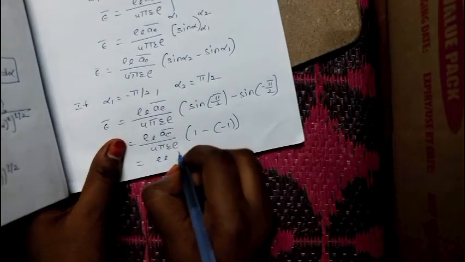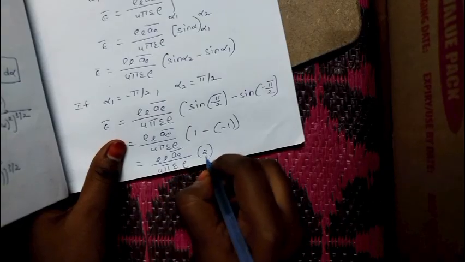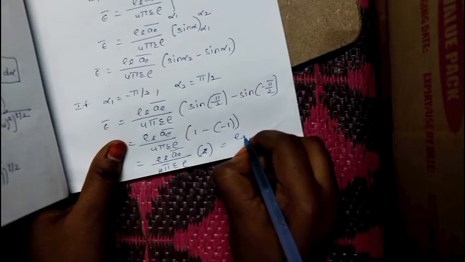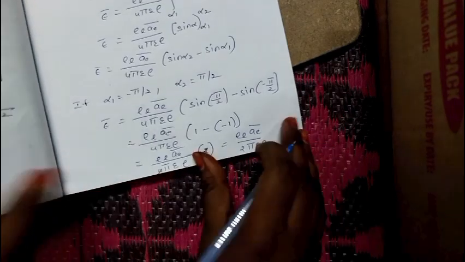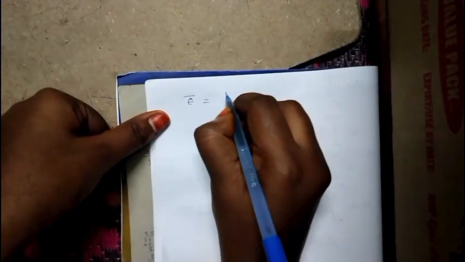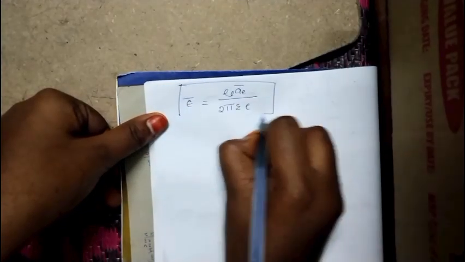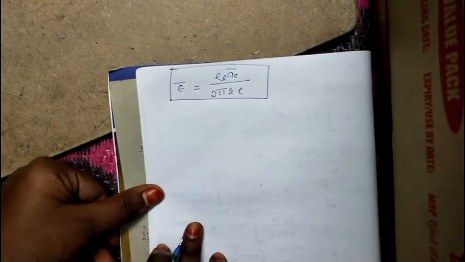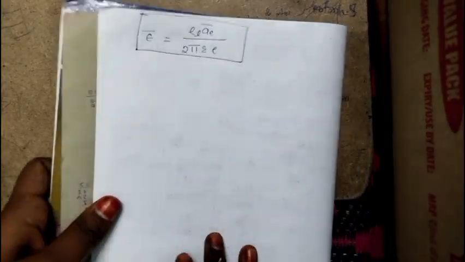So we get rho L a rho bar by 4 pi epsilon rho times 2. The 4 is cancelled: rho L a rho bar by 2 pi epsilon rho. Final answer: E bar is equal to rho L a rho bar by 2 pi epsilon rho. This is the final answer, and now we have to revise this.